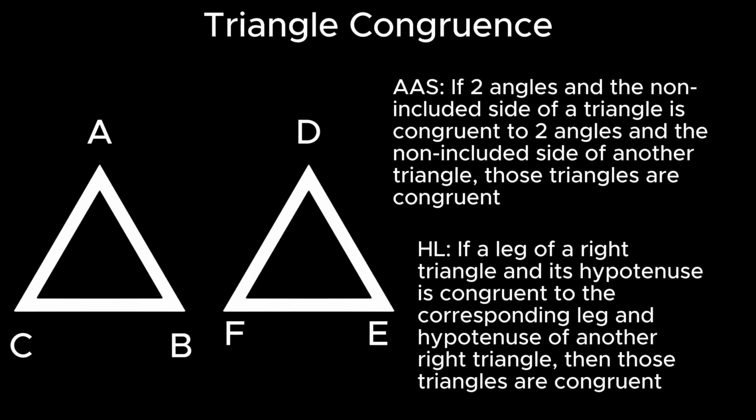Finally, we have the HL theorem. So if a leg of a right triangle and its hypotenuse are congruent to a leg of another right triangle and its hypotenuse, then those triangles are congruent. So let's say the hypotenuse is 5, and let's say one of its legs is 3.